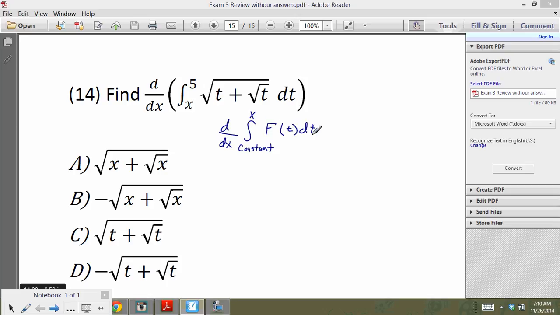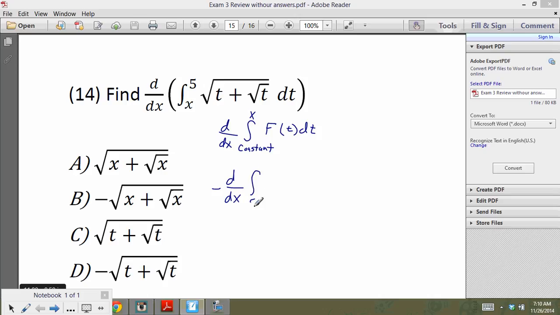Right? So the first thing I'm going to do, I can use a little integral rule to reverse these bounds. And all that I have to do is change the sign. And this is a positive, so I'll make it a negative. And that will allow me to change those bounds.